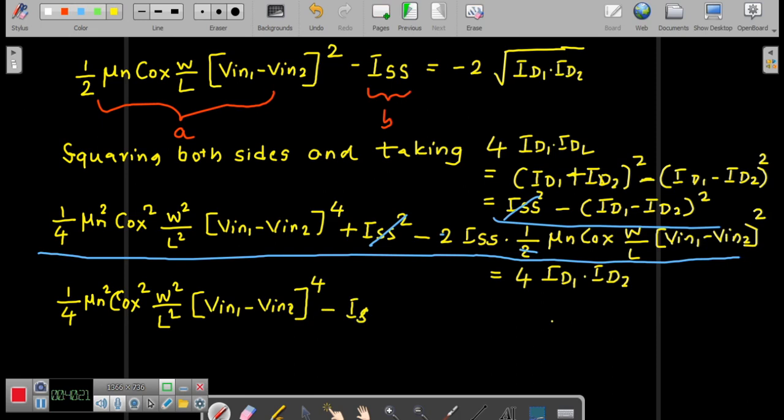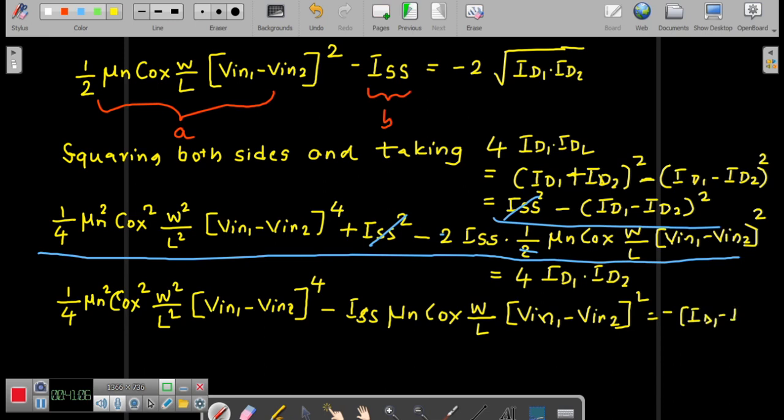ISS remains there, ISS into mu n Cox W by L into (Vin1 minus Vin2) to the power of 2 equal to, so minus of (ID1 minus ID2), this part, it's a square, minus of (ID1 minus ID2), it's square.